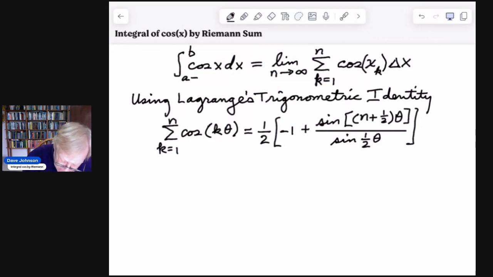And to keep things a little simple for now, and we'll generalize this at the end, let's suppose that the lower limit of the integral is 0. And so we're writing this integral in terms of the definition using the Riemann sum, limit as n goes to infinity of the sum as k goes from 1 to n of cosine of x sub k times delta x.